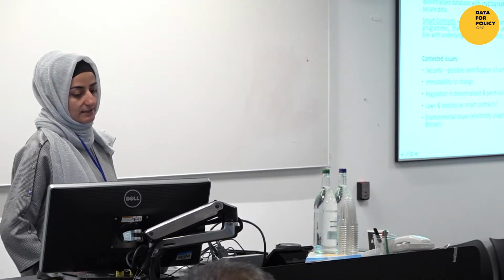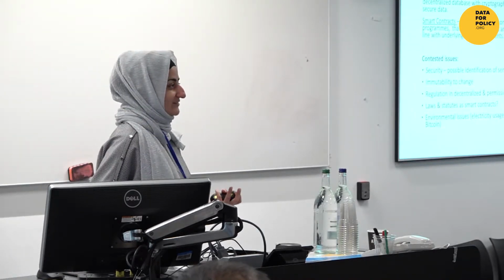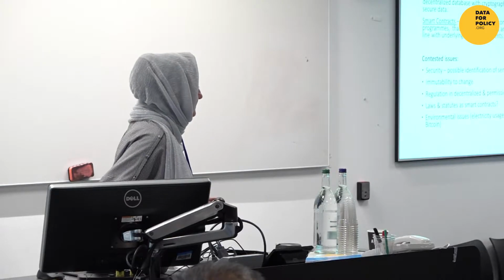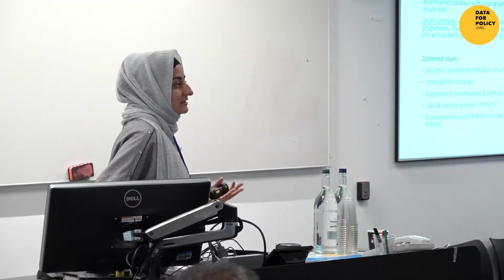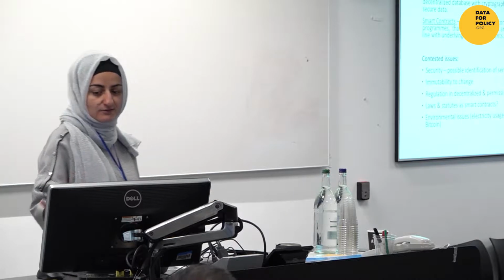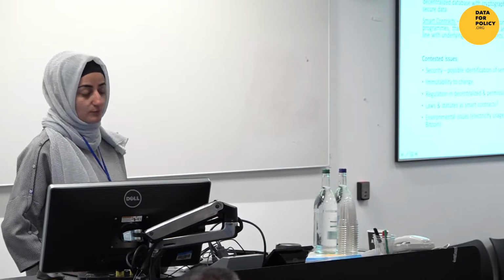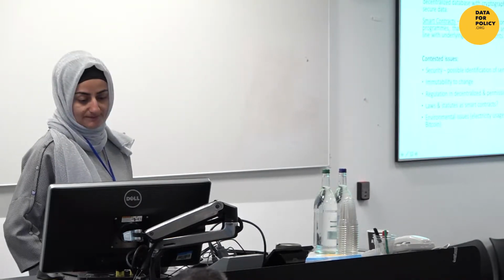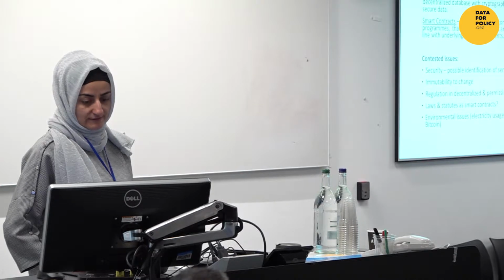In the European General Data Protection Regulation, for example, we have concepts such as the right to rectification of information. So the owner, if they wish, should be able to have the information about them changed. But in this sort of situation, there is this immutability parameter that potentially contradicts that sort of requirement.